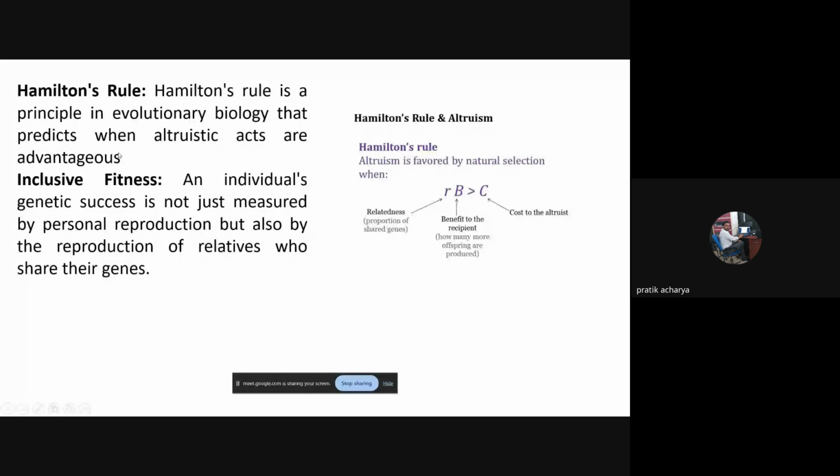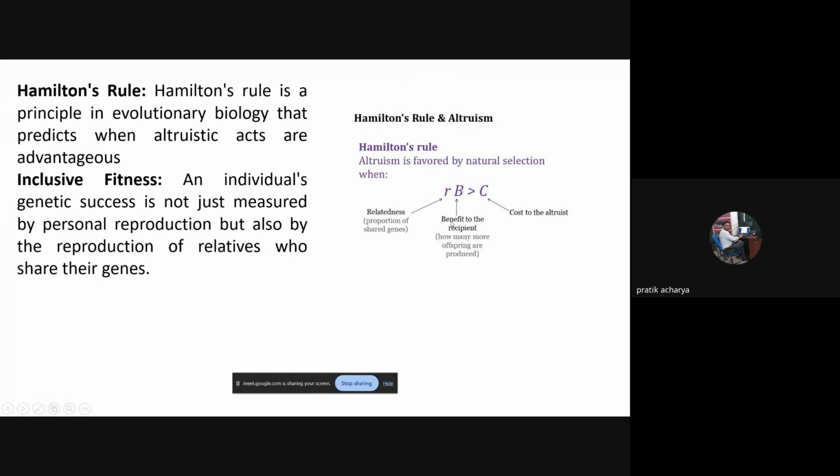There are two letters here: small r and capital B. It is written that small r times capital B is always greater than C. Small r stands for relatedness, capital B for benefit to the recipient.